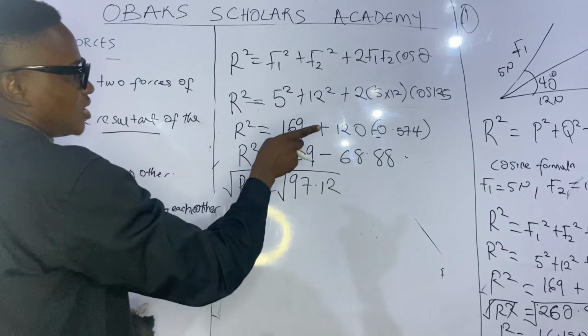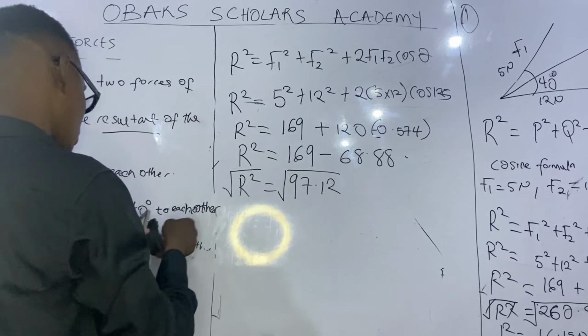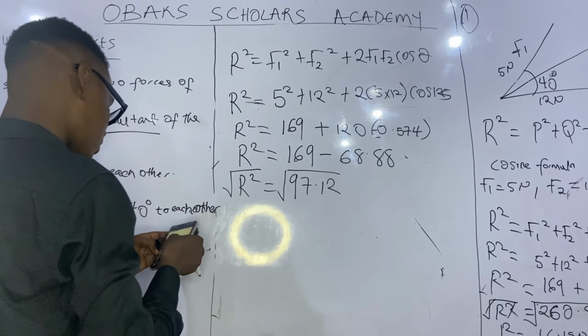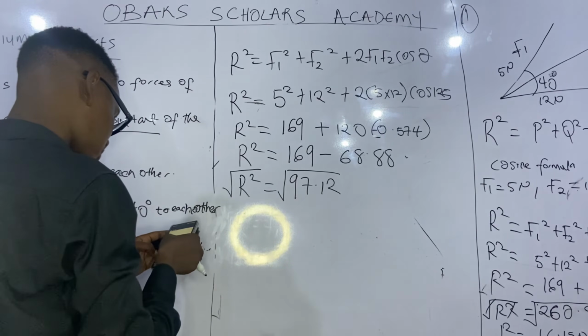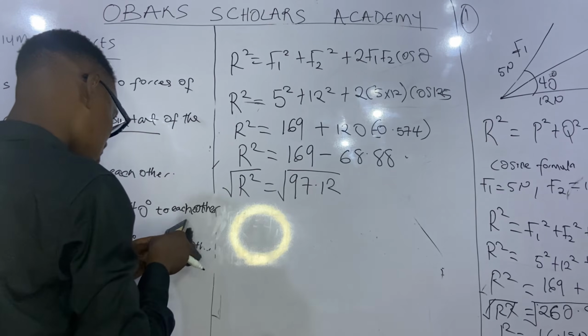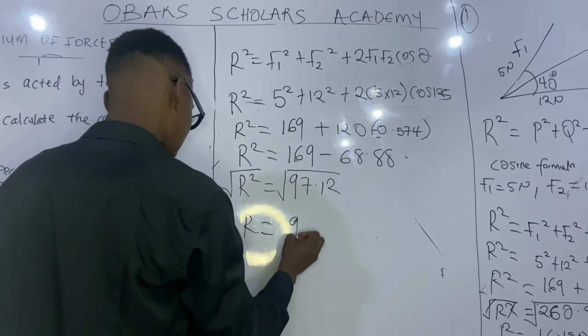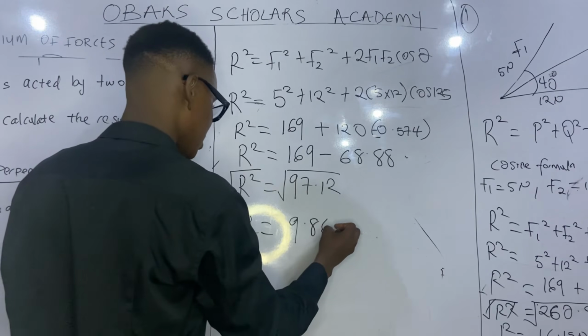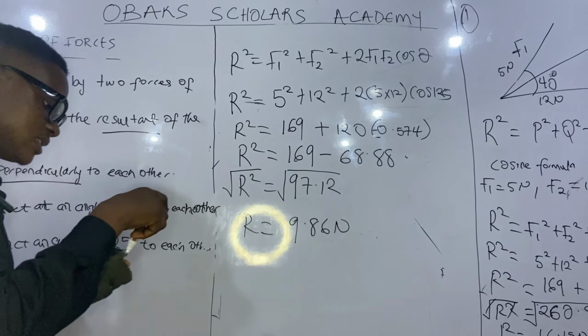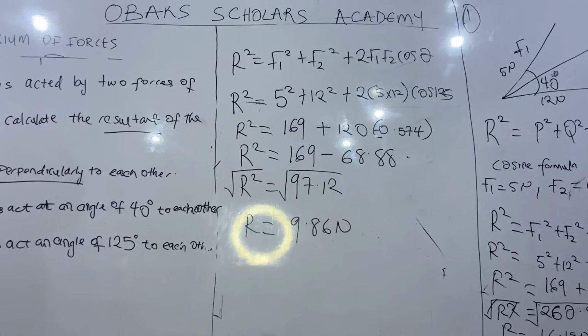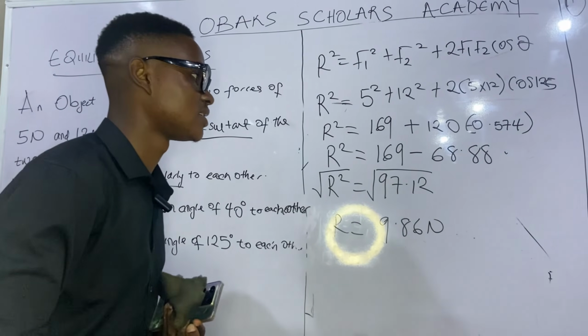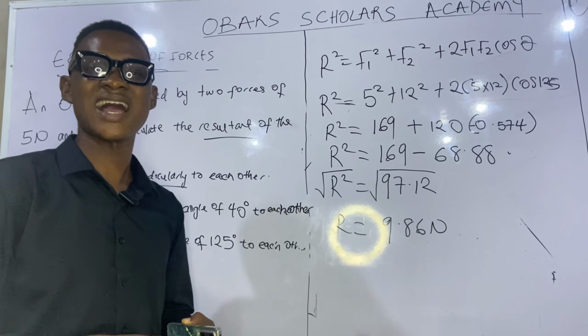I can't make any mistake anywhere. So the square root of 97.12 will give you R equal to 9.86 Newton.